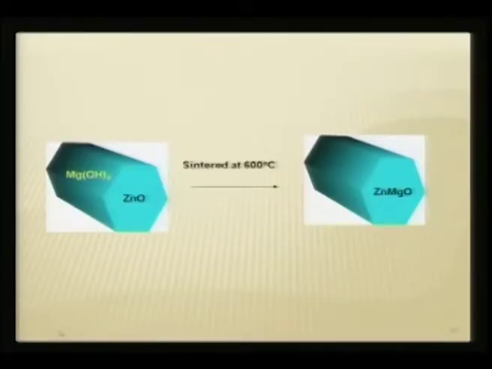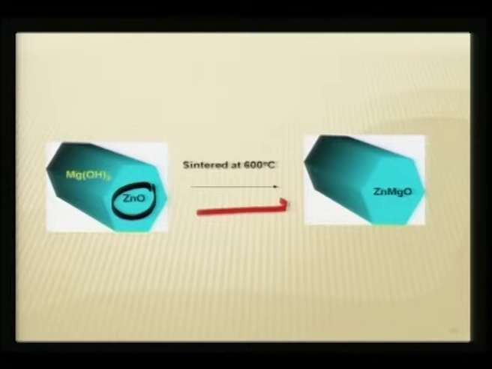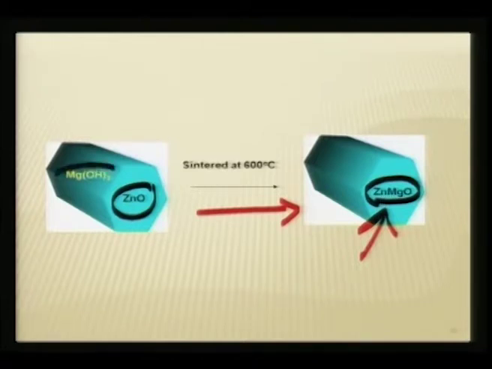Now, this is a cartoon which gives an idea of what must have happened when zinc oxide is actually getting formed, and when it is sintered at 600 degrees, the true doping may be happening at this stage. In other words, here you would see a zinc magnesium oxide alloy may be forming for the first time, but the as prepared compound may have zinc oxide rods predominantly coated by magnesium hydroxide.